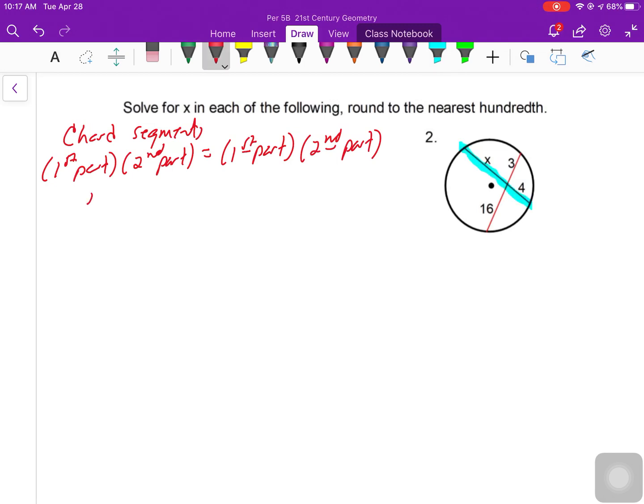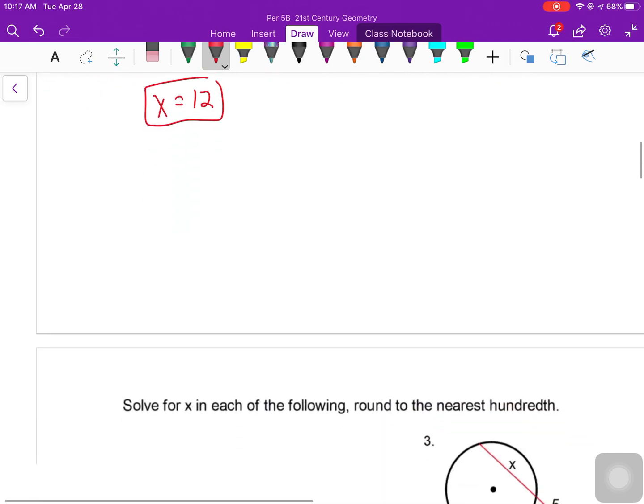So if we think of this chord segment first, the one highlighted in blue, we'll be taking 4 times x. And then thinking about the one that's highlighted in yellow here, we'll be taking 3 times 16. That's our setup. The rest is really just algebra. We have 4x equals 48, so x would work out to be 12.